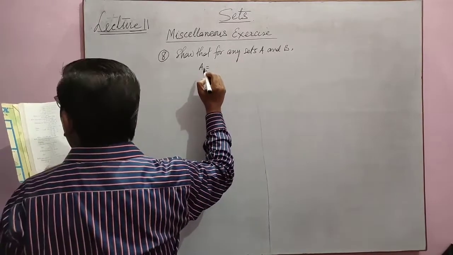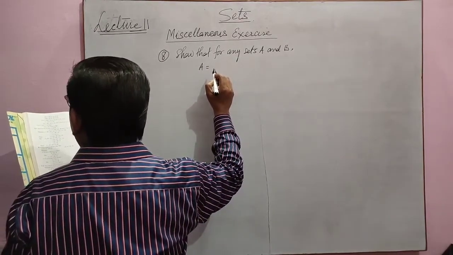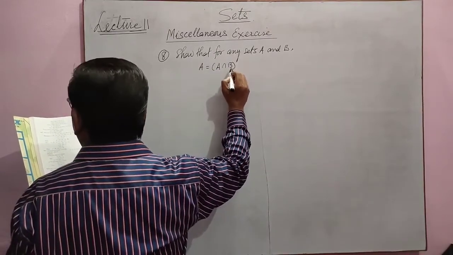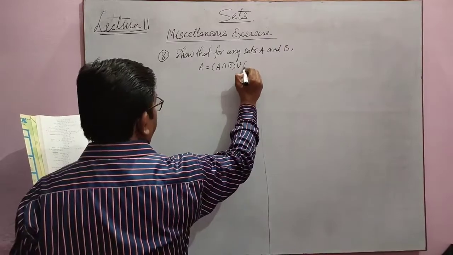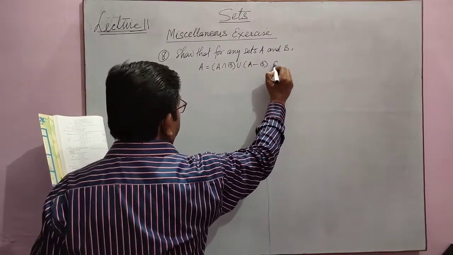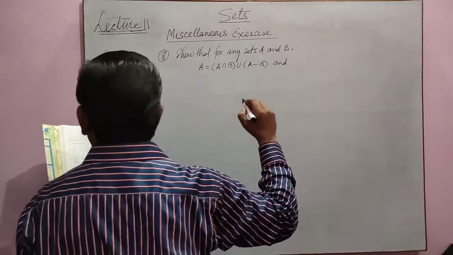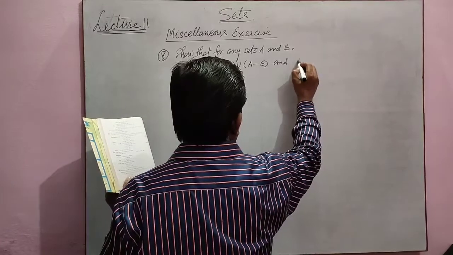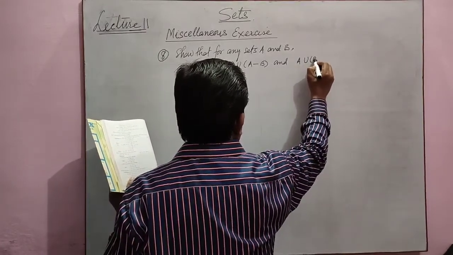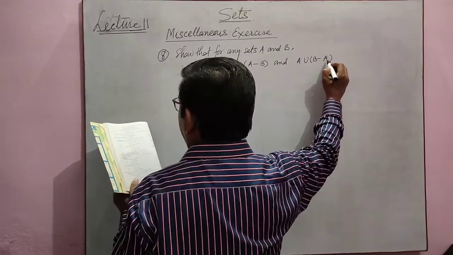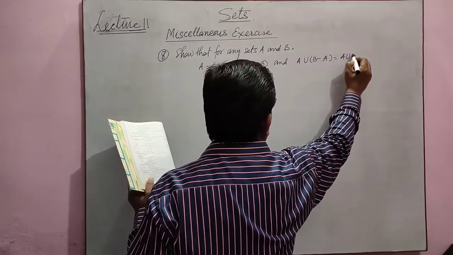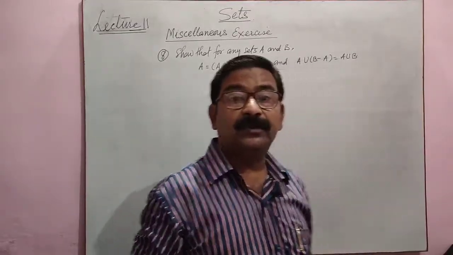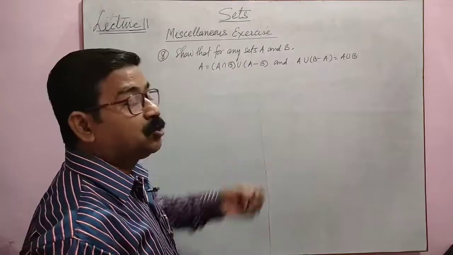A is equal to A intersection B union A minus B, and the second one is A union B minus A is equal to A union B. See, it is important question. I am taking one by one these two parts.